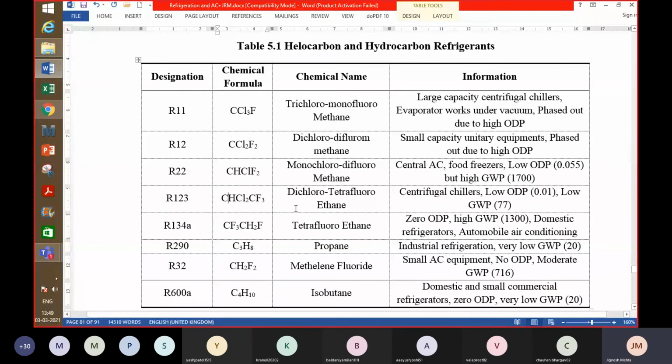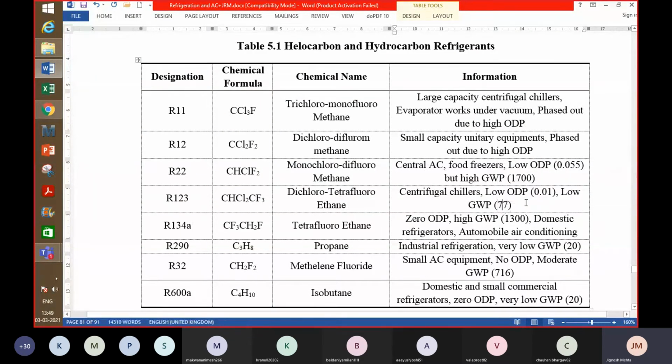R123 is dichlorotrifluoroethane. So now it is ethane because this is 1. It means that there are 2 carbon atoms. Centrifugal chillers, low ODP, low GWP, right? So in a way, there were people who were advocating R123 because the ODP is not very high and GWP is also low.